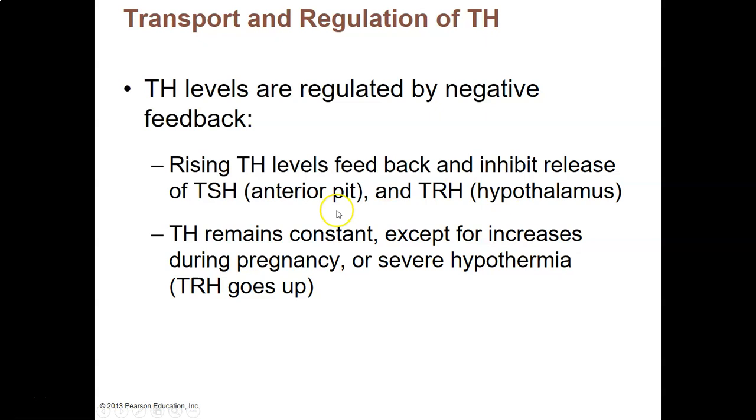If thyroid hormone levels go down, then these stimulating hormones go up and bring up thyroid hormone production once again. So thyroid hormone remains constant all the time, except during pregnancy and severe hypothermia. If your body temperature really starts to drop, you've somehow been stranded out in the cold, your thyroid hormone levels will rise to help drive up the metabolic activity of your cells, because that's one of the things thyroid hormone does.